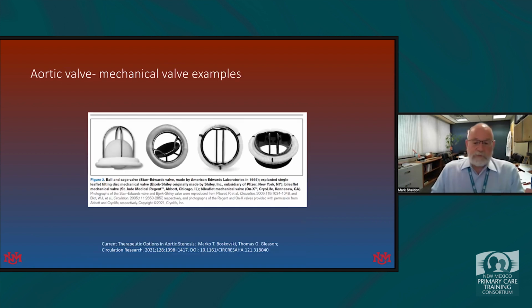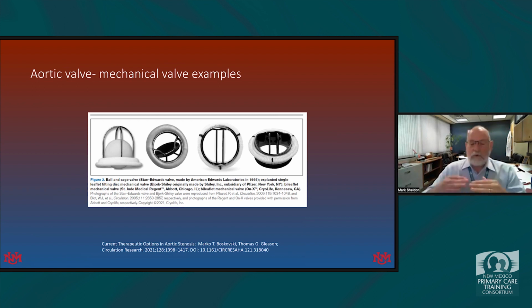These are pictures of mechanical valves. The two on the left here are old. This is the Starr-Edwards, a ball and cage. The pressure would come up, the ball would move up here and allow the blood to come around. This is a single tilting disc. These are the modern ones now. These are bileaflet. This one's a St. Jude, and this one is an On-X.